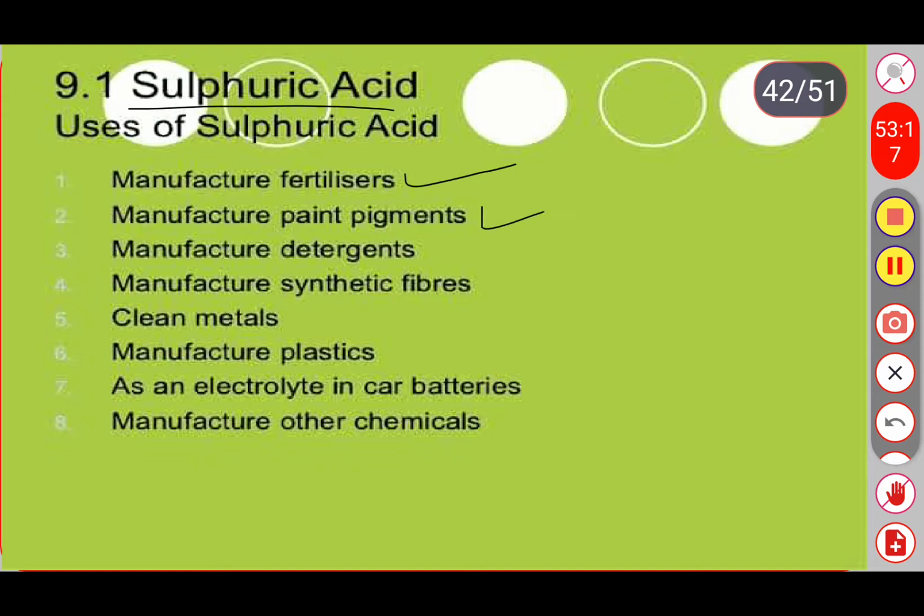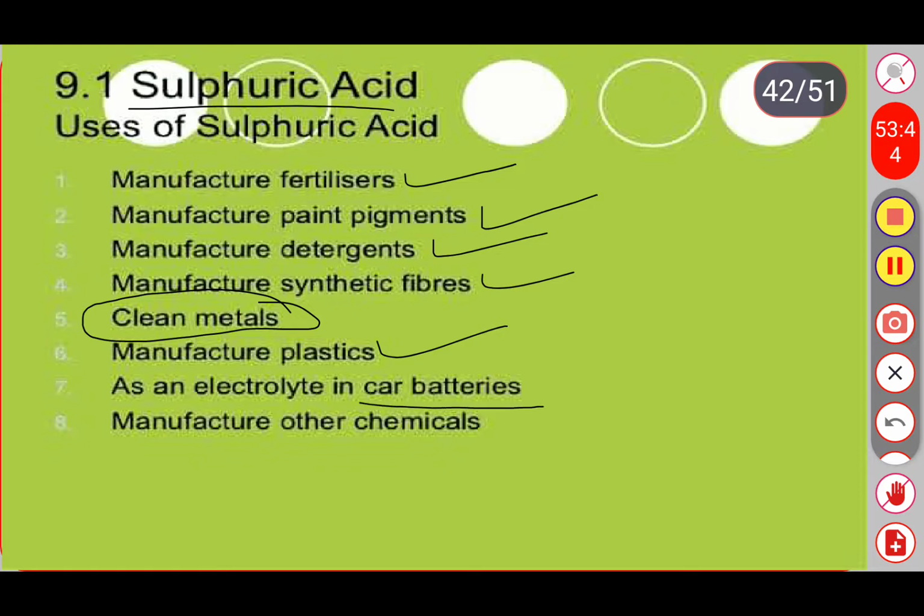The same sulfuric acid is also used as a cleaning substance for metals, and in the manufacturing of plastics. It is also used in car batteries and in the manufacturing of other chemicals. So these are some of the uses of sulfuric acid.